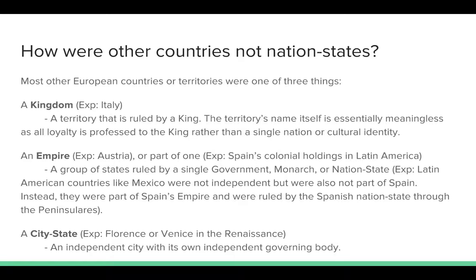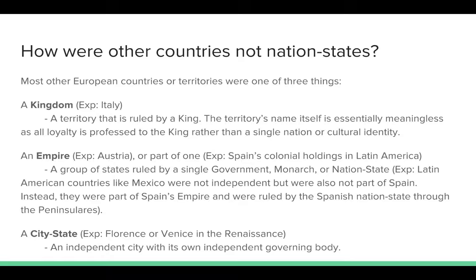For example, Latin American countries like Mexico. Mexico wasn't independent, but it also wasn't directly part of Spain. Instead, it was part of Spain's empire. It was ruled by the Spanish, specifically through the Peninsulares, but it is not itself an independent nation state.